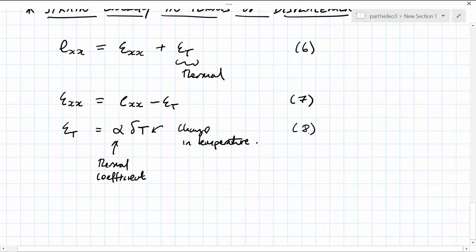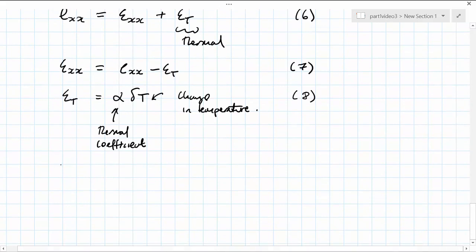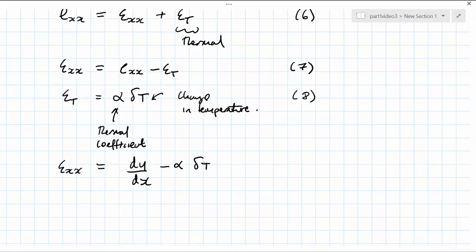Substituting equation 8 back into our definition of engineering strain, we get epsilon xx as being equal to du by dx minus alpha delta T. In this case, you'll note that we've expressed our strain in terms of displacements.